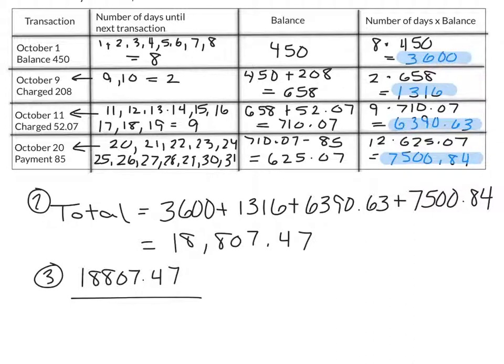If we add up the days, 12 plus 9 plus 2 plus 8, we get 31 days. So we divide by 31, and we get $606.69, rounded to 2 decimal places.